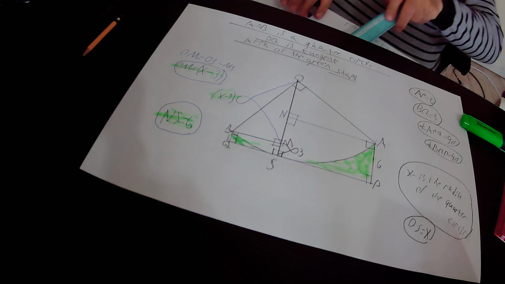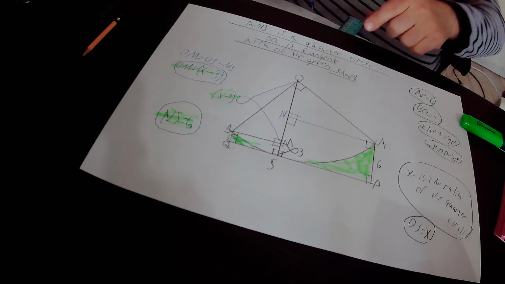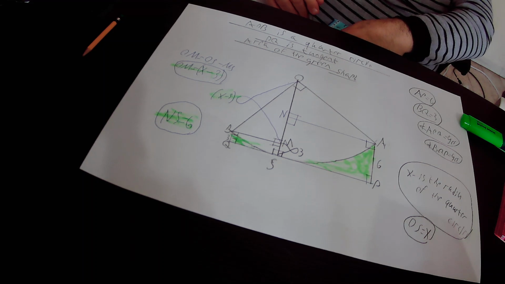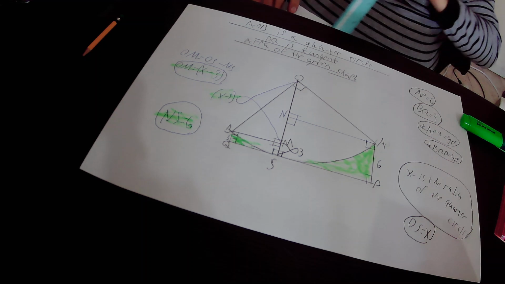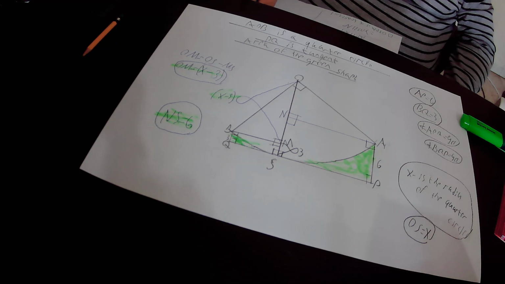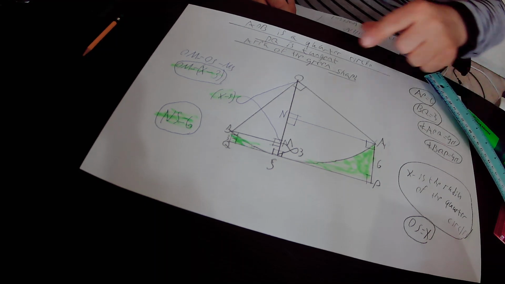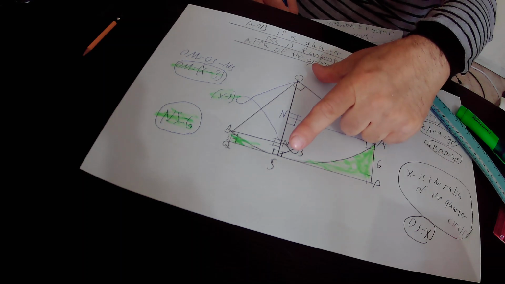So what is the length of line segment ON? From the drawing, it is very easy to see that ON equals OS minus NS.